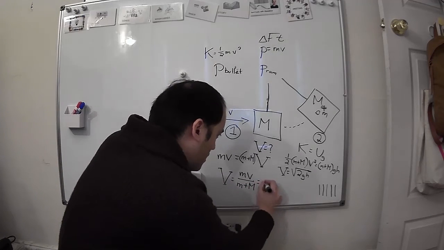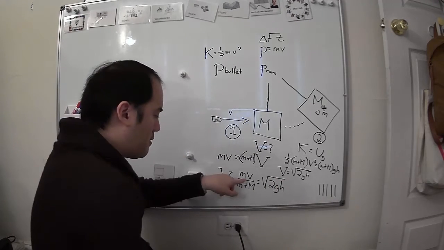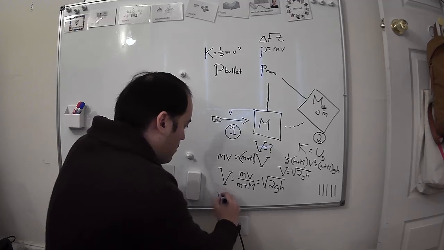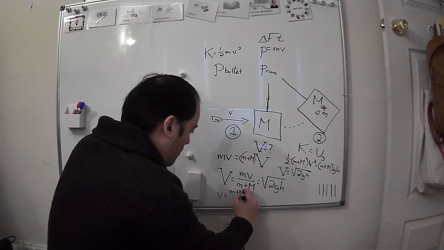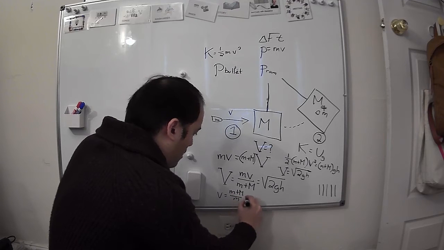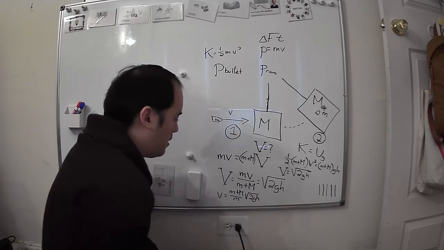If this equals this, we want little v. Little v would be m plus M over m, root 2gh.